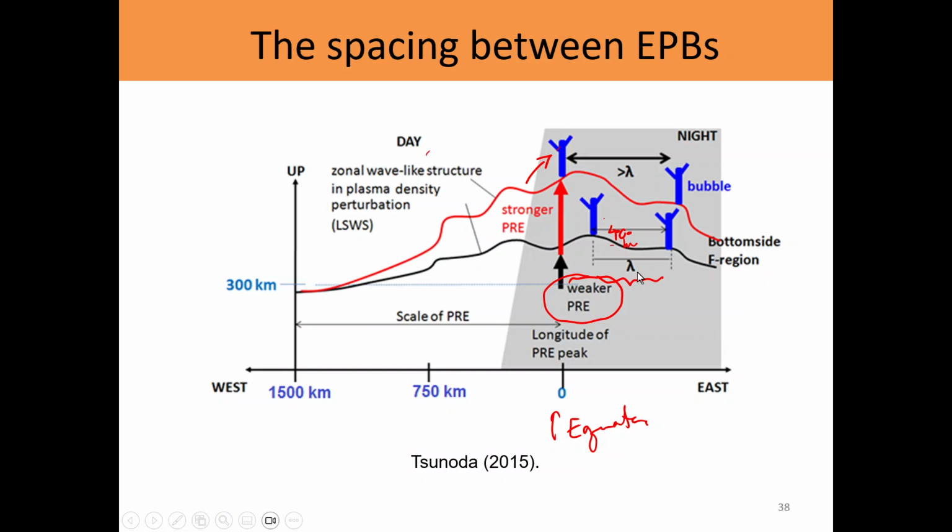I don't know what this lambda is actually. No idea, I didn't observe this parameter before. I think it's the scale size. I think this lambda is like the scale size, but let me check later.